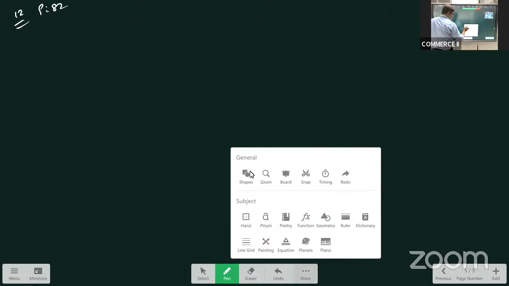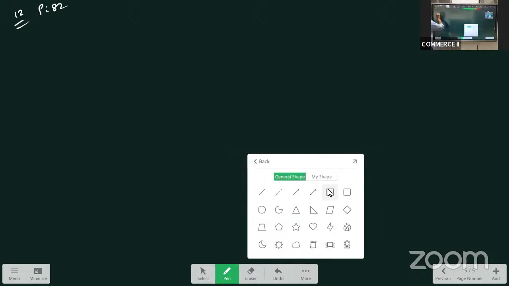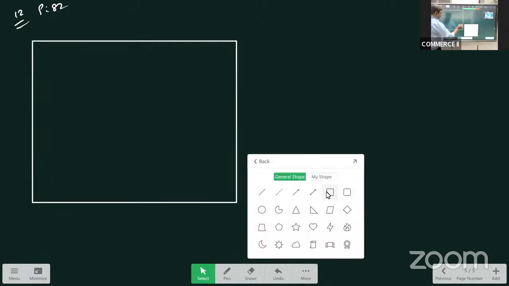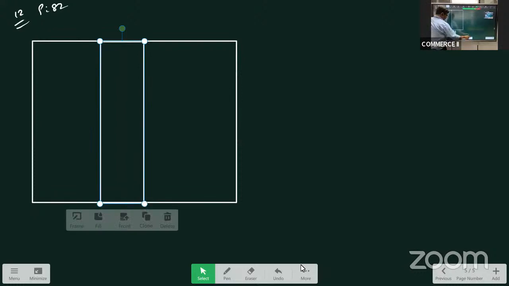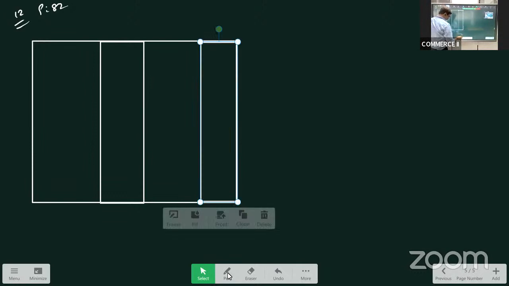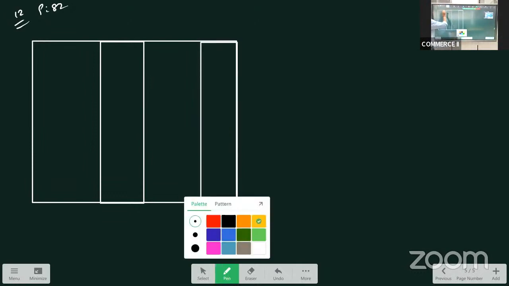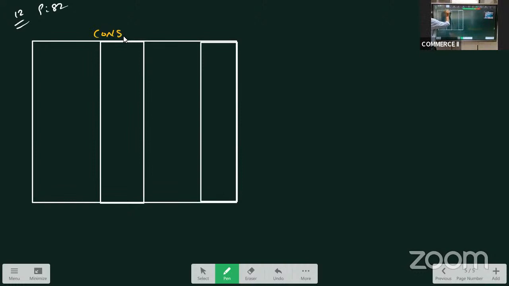Let us first draw the format for the consignment account.